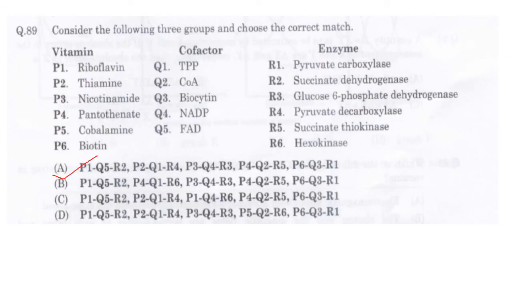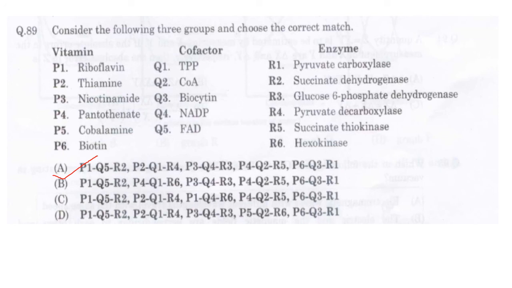Consider the following three groups and choose the correct match. In one they have given vitamin, then cofactor, then the enzyme. Now you have to match the vitamin with its cofactor as well as with its enzyme. So riboflavin is for the cofactor FAD.